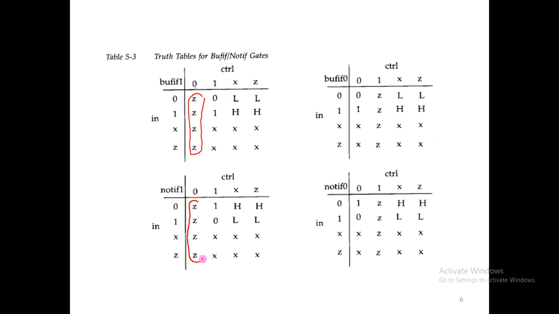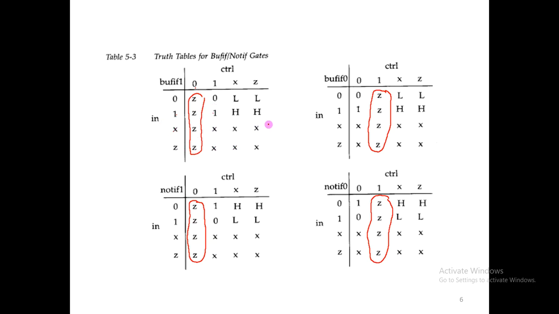If control is 0, your output goes to Z. Similarly, buff if 0 means when control is 1, your output goes to Z. Not if 0 means when control is 1, your output goes to Z. Other than that, if control is 1, it behaves as buffer: 0 to 0, 1 to 1, unknown to unknown, Z to unknown.